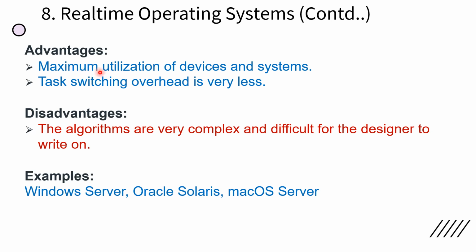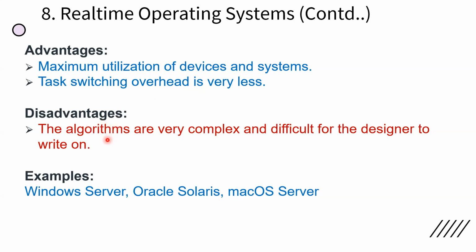So maximum utilization of devices and systems, and the task switching overhead is relatively less, because it will not perform any other task other than the designated task of the real-time operating system. In this case, there is not much switching between the processes. That is why the context switching is minimized.